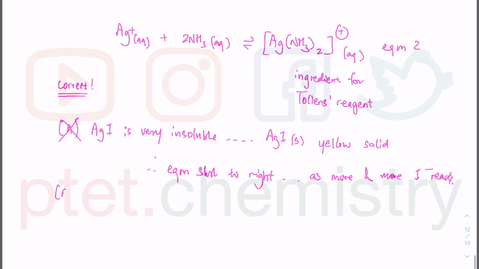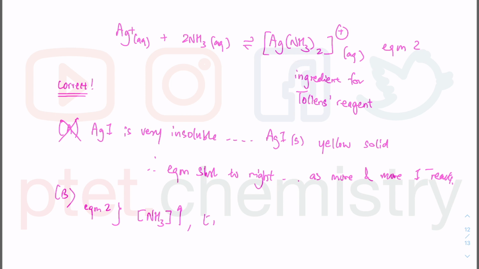Option B is about the concentration of ammonia for equilibrium 1. Equilibrium 2 can affect equilibrium 1. So if you look at equilibrium 2 first of all, what happens when the NH3 concentration increases? The equilibrium will try to remove the extra NH3. It will react with the NH3 and go this way, so it will shift equilibrium 2 to the right.